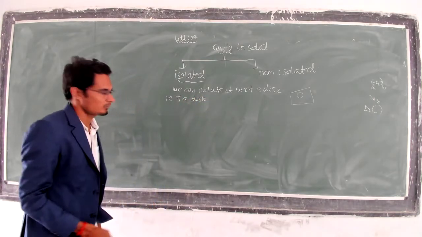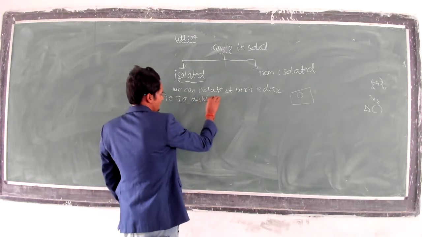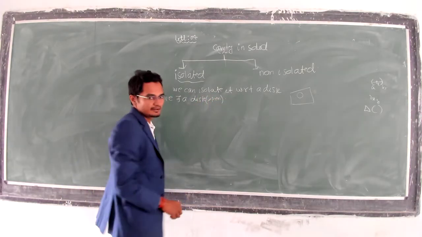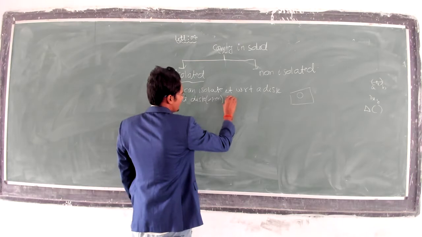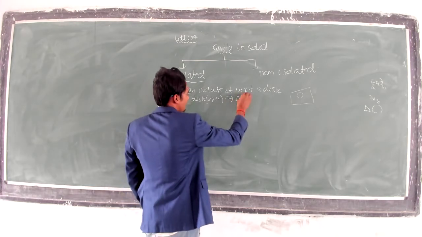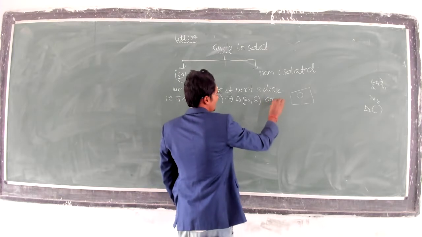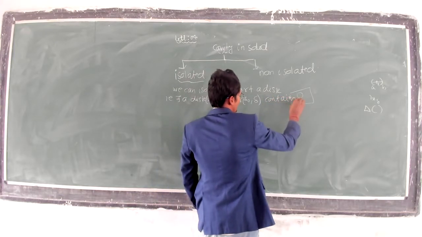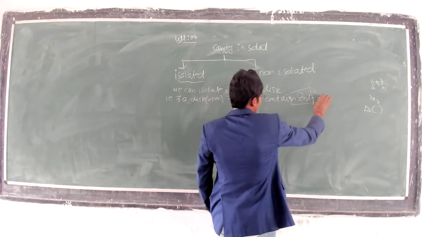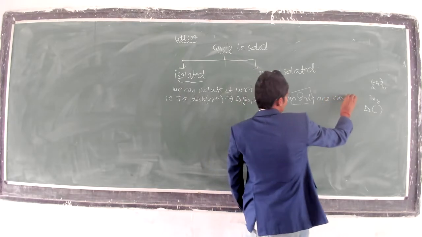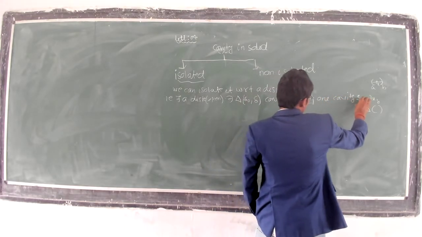Disk means for me it is always open, right? Such that the disk containing Z0 with radius delta contains only one cavity, Z0.